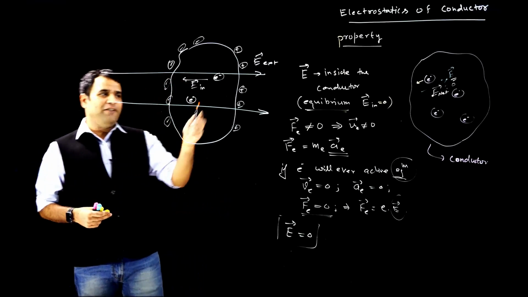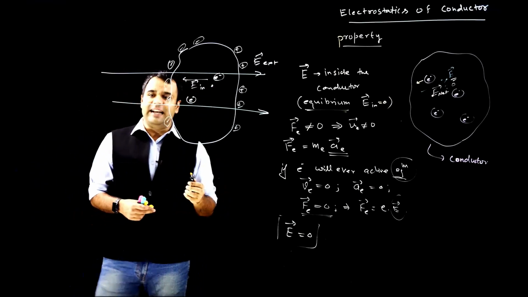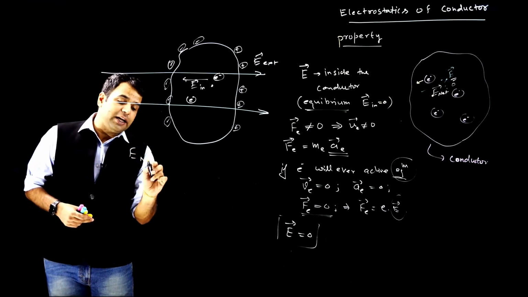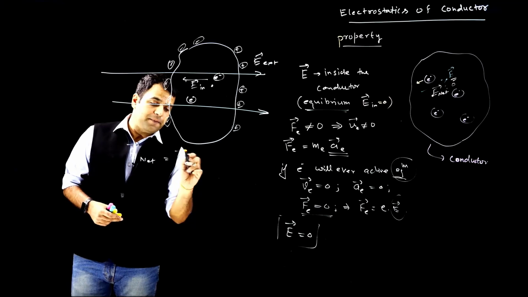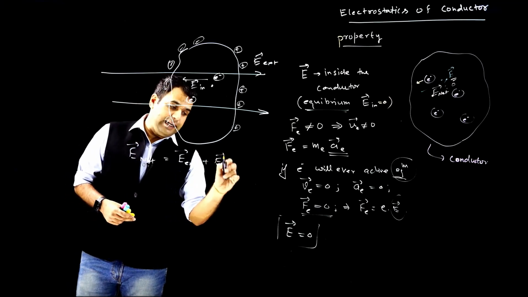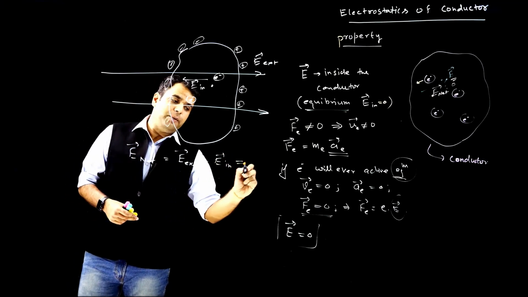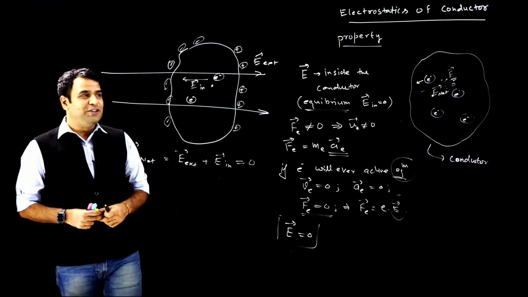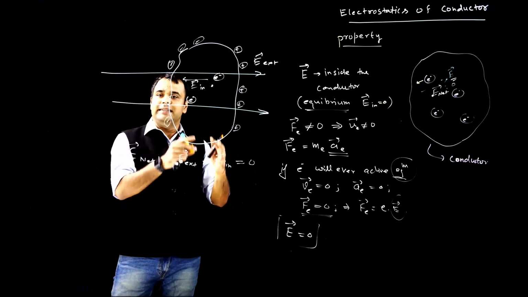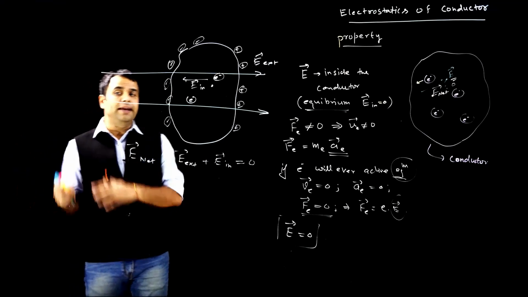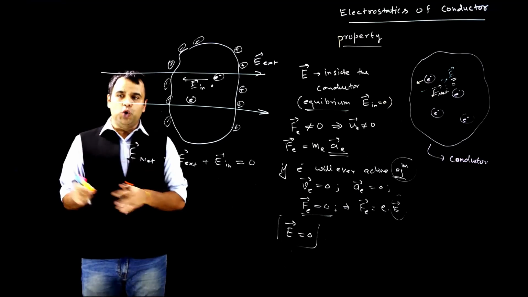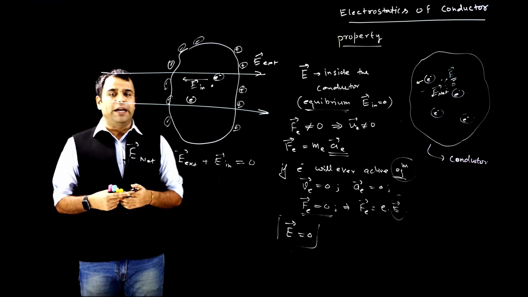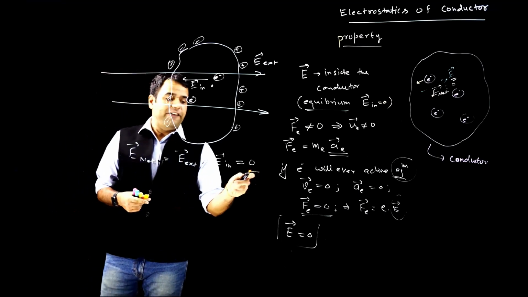So at any point, the net field at equilibrium, which is the combination of external field and internal field, will become 0. So what happens whenever you place this conductor in an external field? The electrons rearrange themselves. And due to that rearrangement, at each and every point, the net field will become 0.